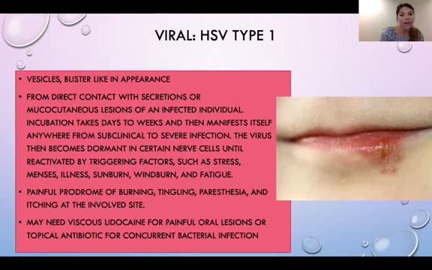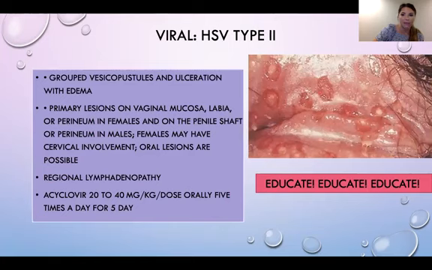Or if it's on the lip and it's turning into a bacterial infection, maybe they've been scratching it a lot or picking at it a lot, and the bacteria from underneath their nails cause a bacterial infection, then we would need to do a topical antibiotic for that. But the main way we treat this is just the antiviral. So acyclovir, valacyclovir.